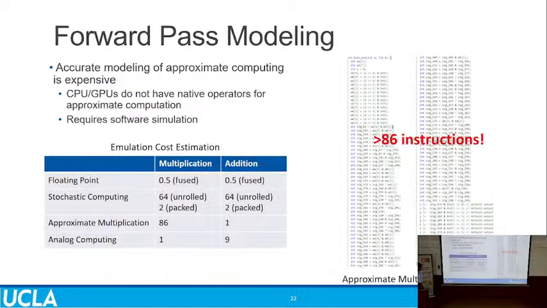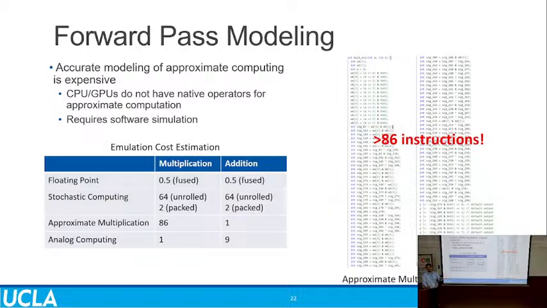So that's the first part. The other part, which is also important, is that the pre-trained kernels from PyTorch, cuDNN, etc., are very heavily optimized. Even if I'm willing to pay this, let's say, 1x or 9x penalty, the actual penalty is much, much higher, because to model the addition as an analog addition, you will have to break up the underlying GEMM kernels to separate multiplies and additions.